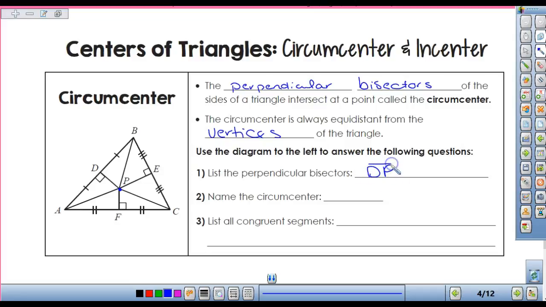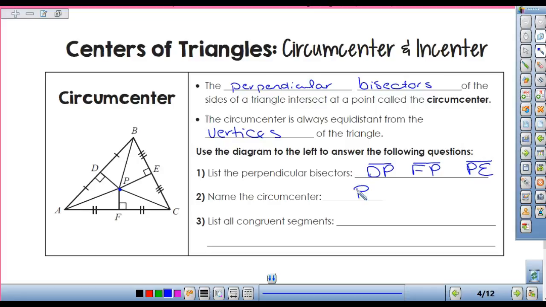So DP is the perpendicular bisector. Somebody else give me one. FP would be one, yep. FP is a perpendicular bisector, and what else? PE is our third one. What is our circumcenter? Point P, yes, because it's just a point.